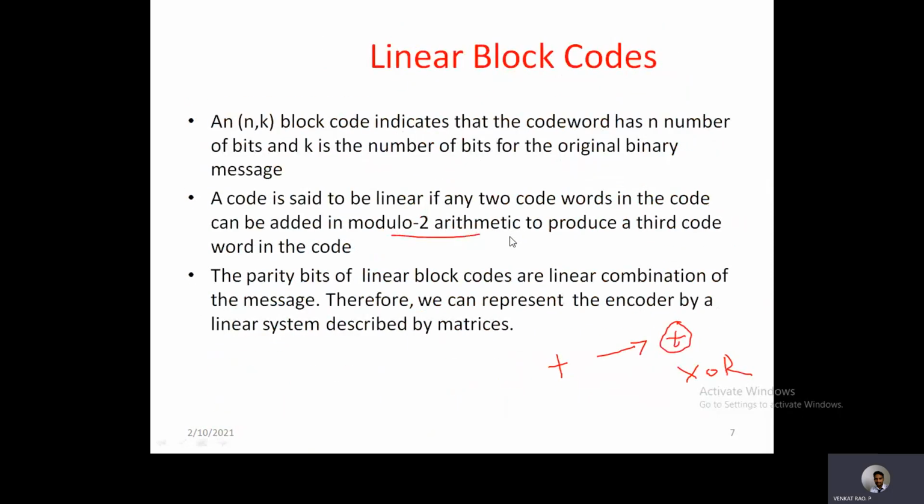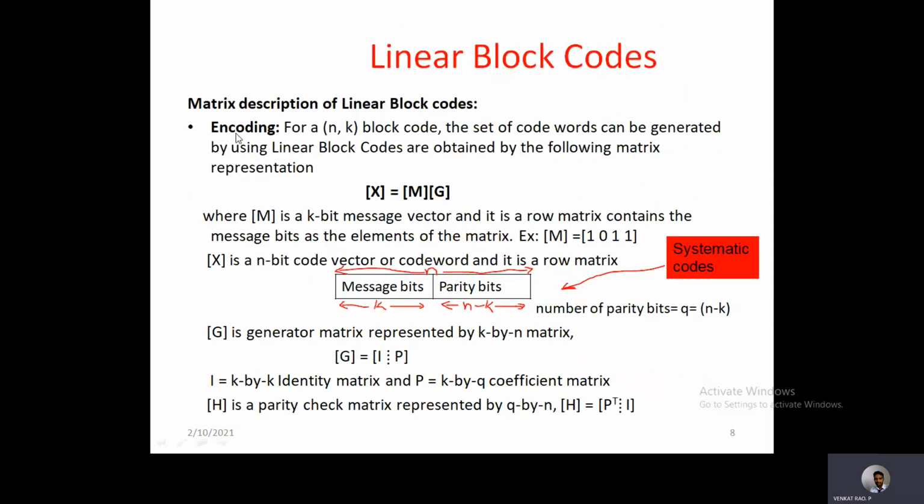But in linear block code, for example, for an (n, k) linear block code, the set of code words is obtained by the following matrix representation. That means the code word is directly obtained by just a matrix multiplication of message bits and some generator matrix.